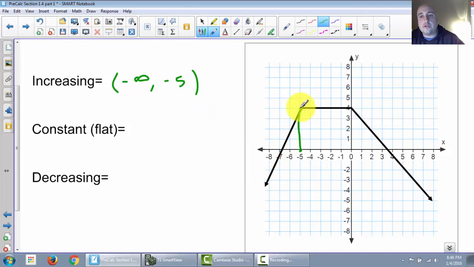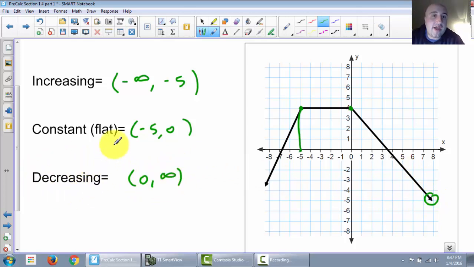So it's going up. And now notice from negative 5 to what number is it flat, or constant? Constant and flat mean the same thing. So from negative 5 to 0, our graph is constant, and then starting at 0 and going down, it is decreasing. So from 0 to positive infinity, our graph is decreasing.